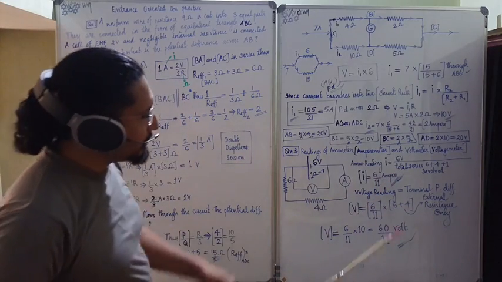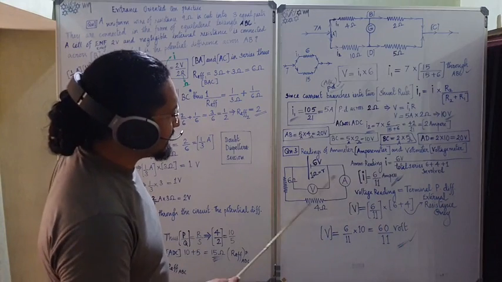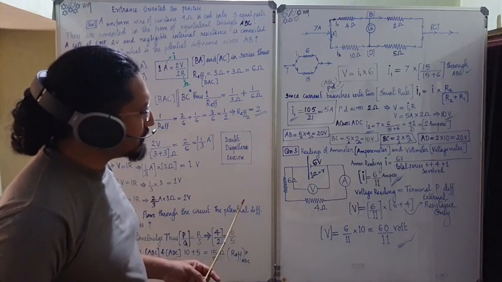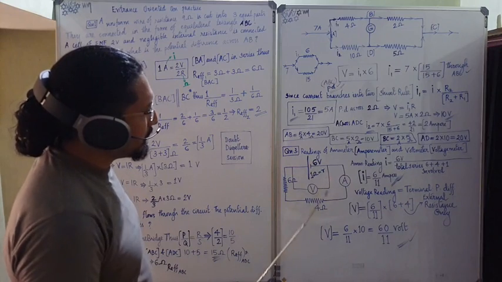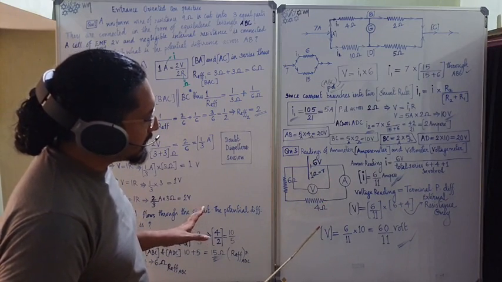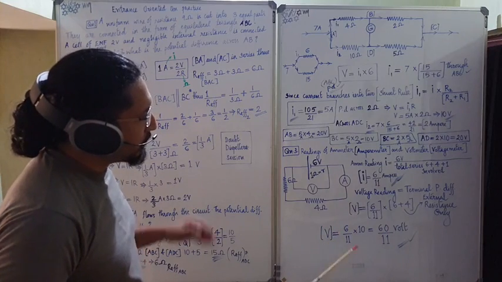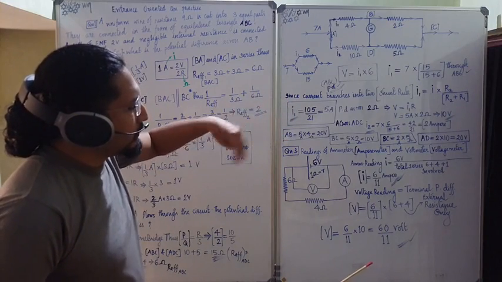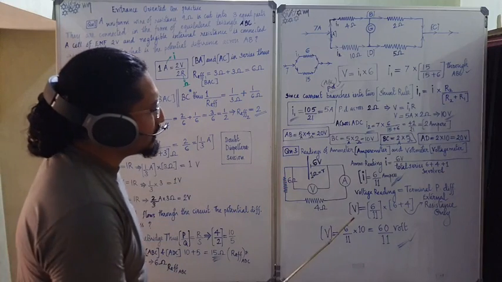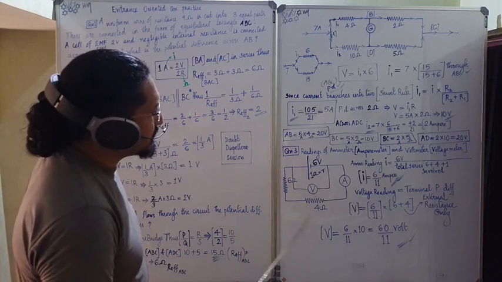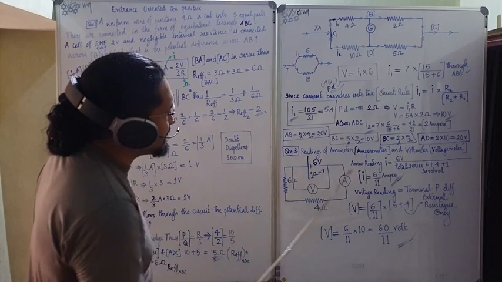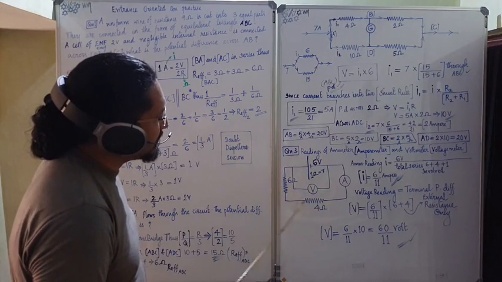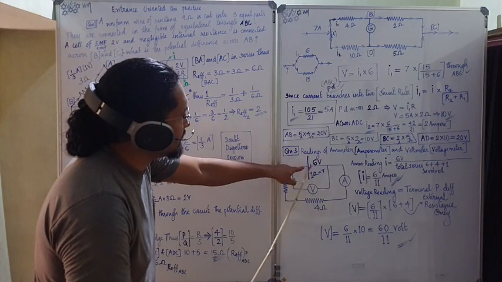Then what is the voltmeter reading? Voltmeter reading gives the terminal potential difference. What is terminal potential difference? The terminals. So the voltmeter reading is giving the terminal potential difference. To find out that voltmeter reading, just use V is equal to I into the resistance. Just take it without the internal resistance, because now this is the terminal potential difference. Do not include the internal resistance.